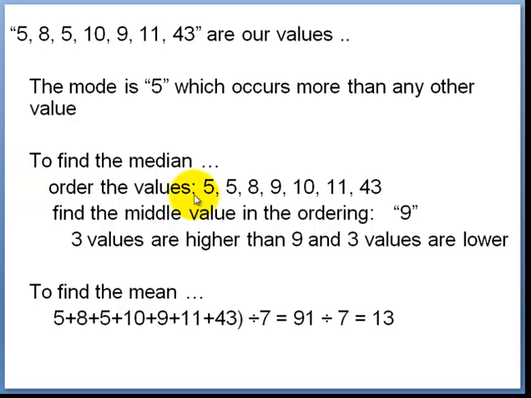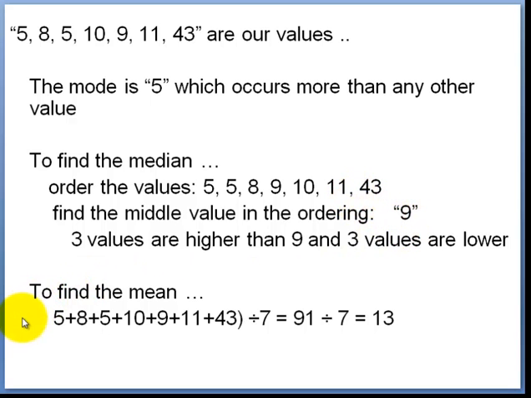So we do that here. And the second step is to find the middle value in the ordering. And the middle value in our ordering is 9. There are 3 values below and 3 values above 9, and thus 9 is the median.